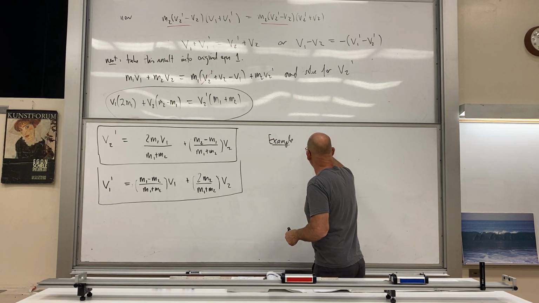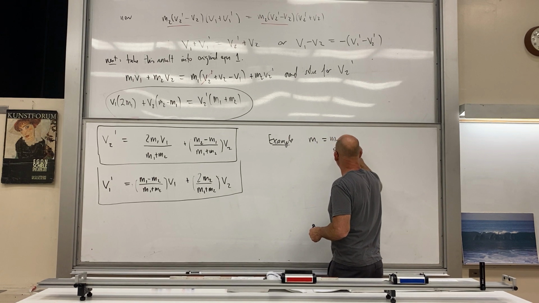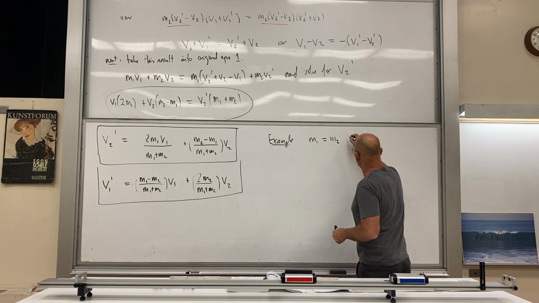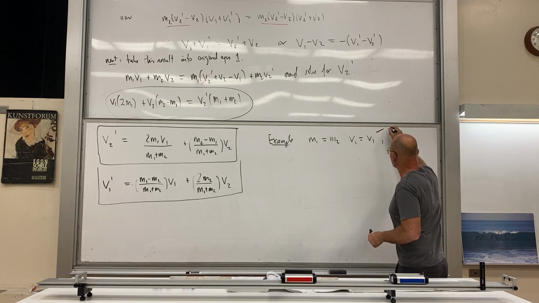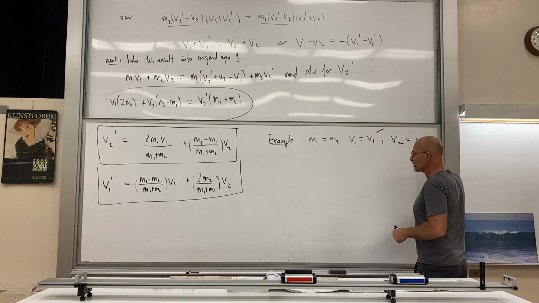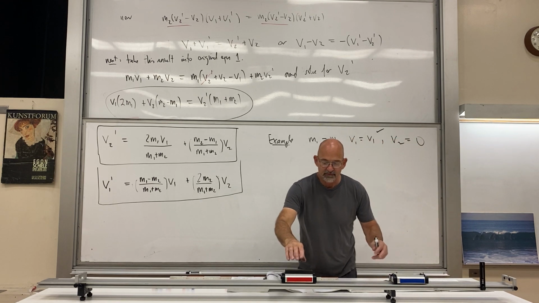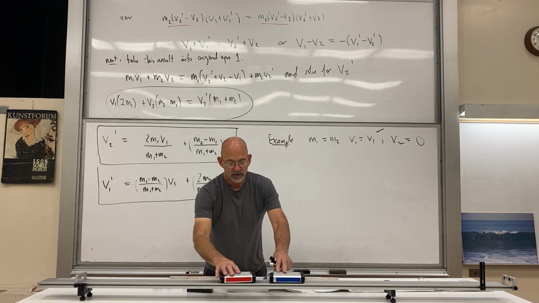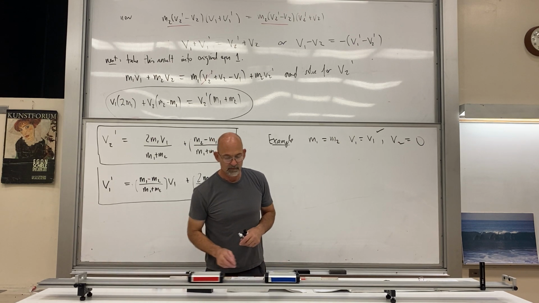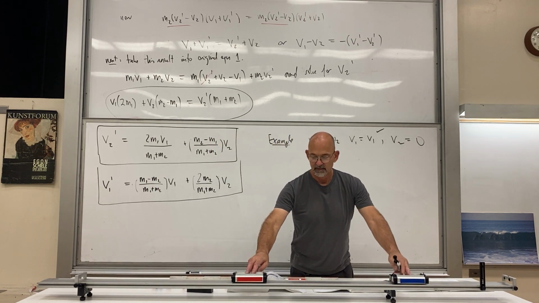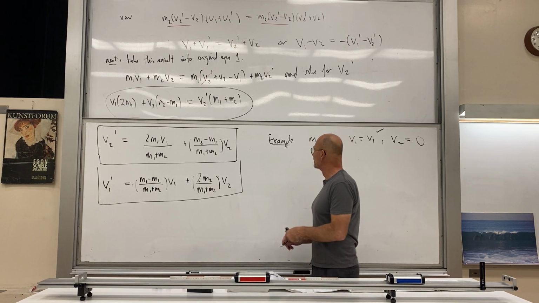Okay, so example. We have M1 equals M2, V1 equals V1, okay, check that off, V2 equals 0. This is our favorite example, equal masses, dead stop, keeps running.